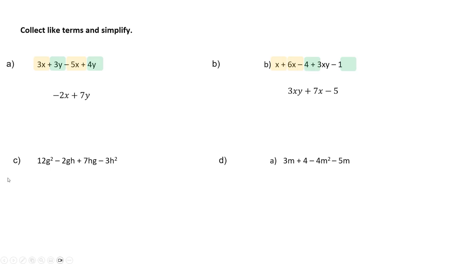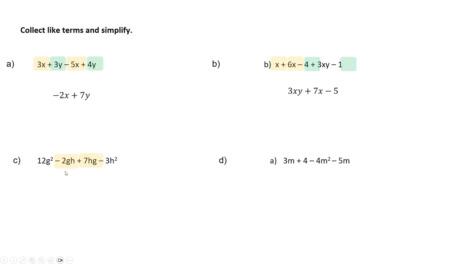Question C, we have 12g squared minus 2gh plus 7hg minus 3h squared. Now, it might not be immediately apparent to you, but gh and hg are like terms.